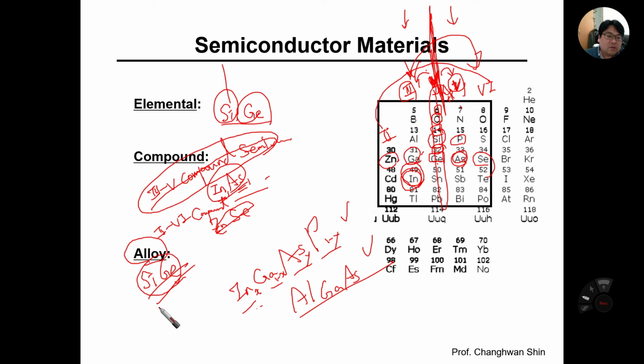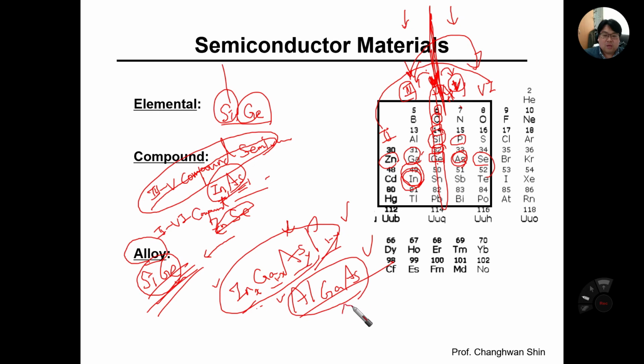Herein, if you take a look at silicon germanium, indium gallium arsenide phosphorus and aluminum gallium arsenide, you may be faced with this kind of question: this is an alloy semiconductor, but here we use two atoms, in this material we use four different atoms, and in aluminum gallium arsenide we use different atoms. So we need some other professional words to differentiate them.